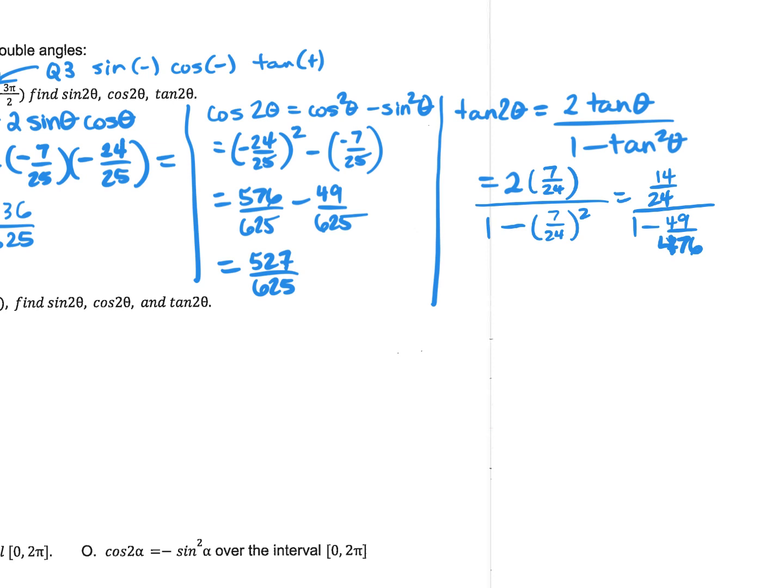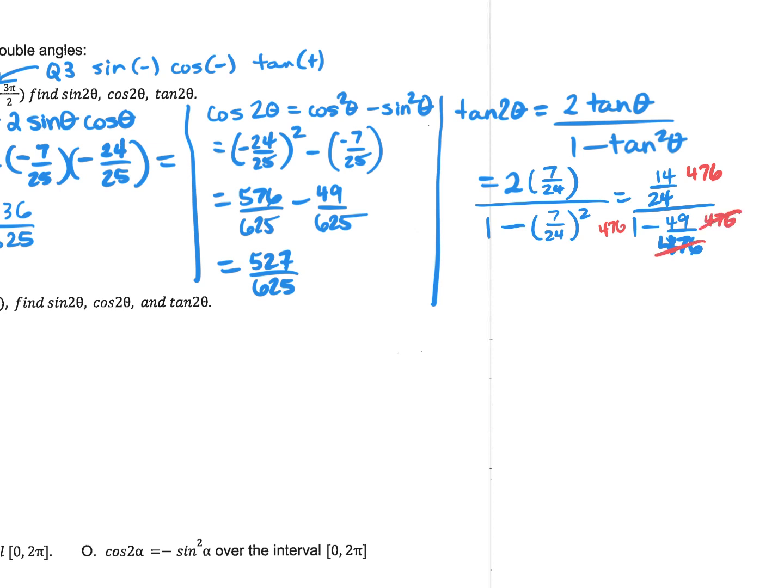Now, here's the cool thing. If I multiply everything through by 476, I can get rid of that compound fraction, can't I? Think about it, guys. 476 times 476 times 476.